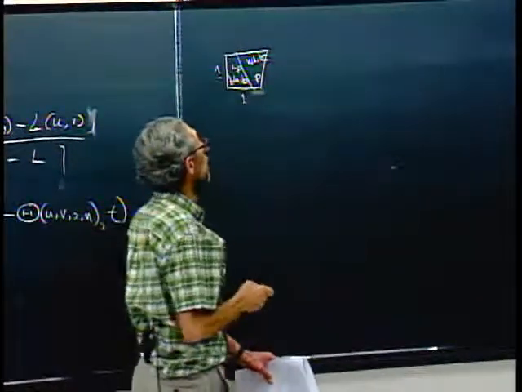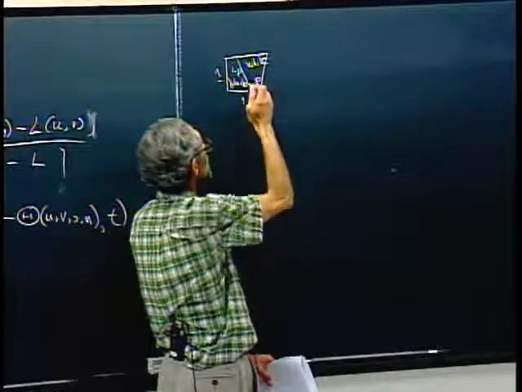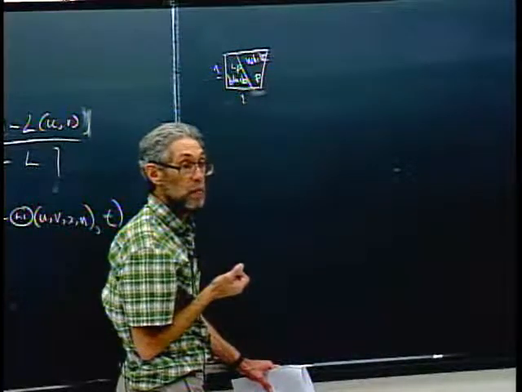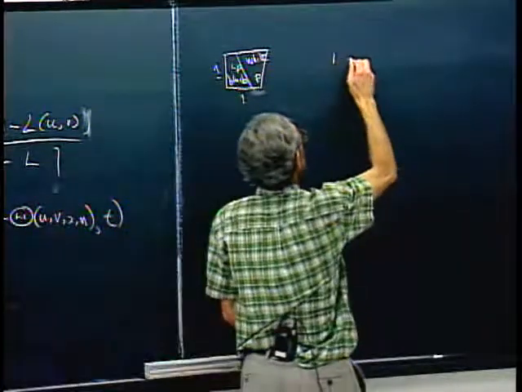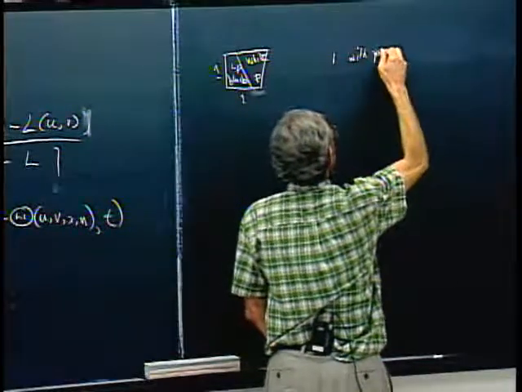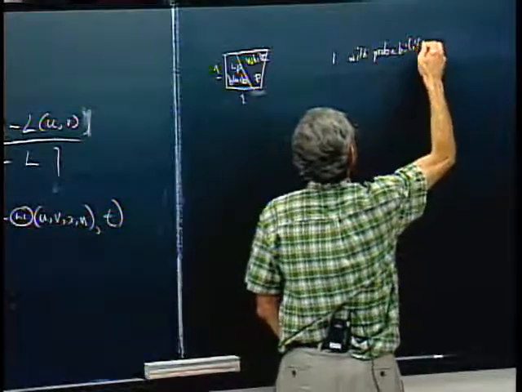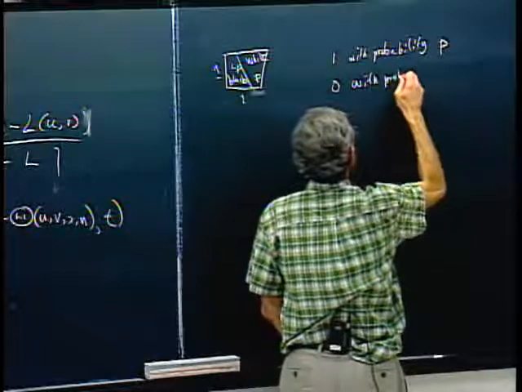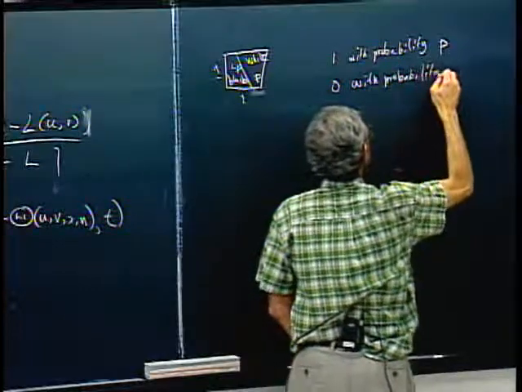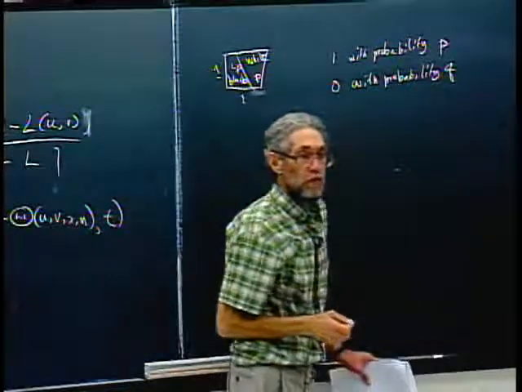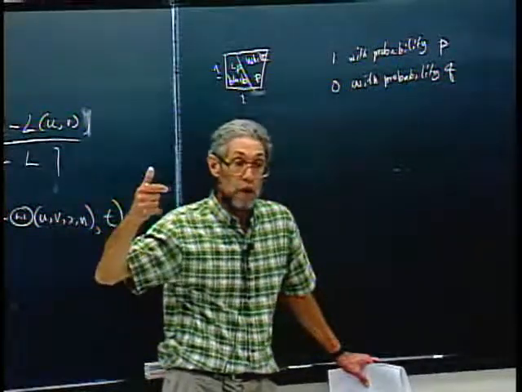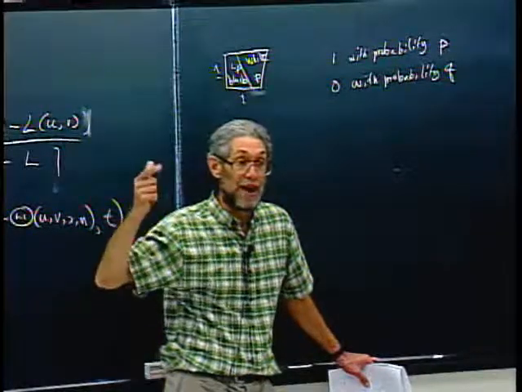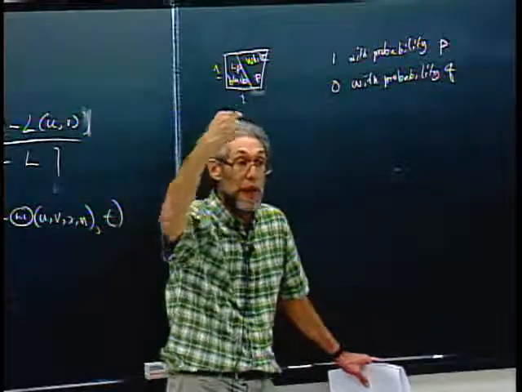So the area is 1, and if the fraction p of the area is white and the rest is black, then we have a random variable which is 1 with probability p and 0 with probability 1 minus p. If you think of the range of colors as going from 0 to 1 like it is in OpenGL with the floats, then this is the worst case you could get. Most contrast, the samples will be either black or white.